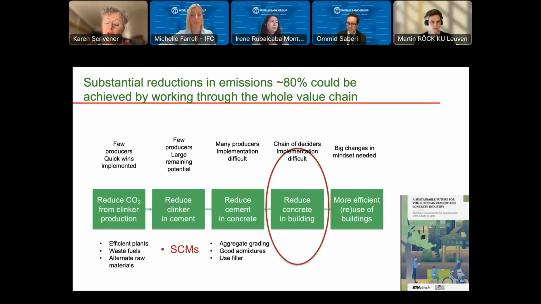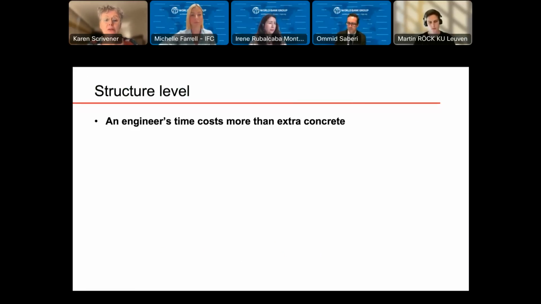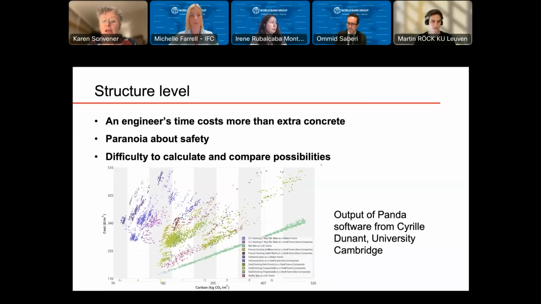And we can go further when we look at concrete in buildings. At the structural level, we have to develop tools which make it easier to calculate and compare possibilities. And this just shows you some of the 1,000 different possibilities of a building, which all comply with the codes. And you see the tremendous variation in terms of the embodied CO2 per meter squared of building in these different possibilities.